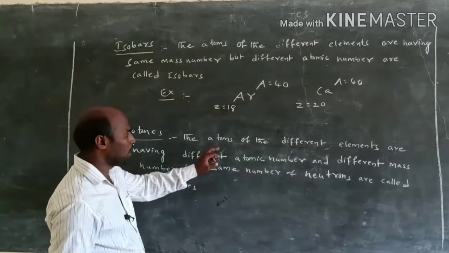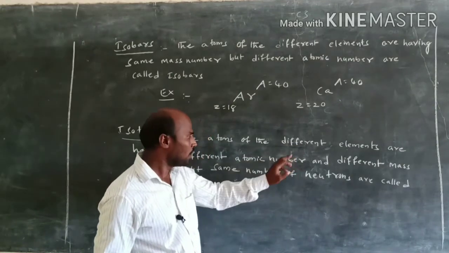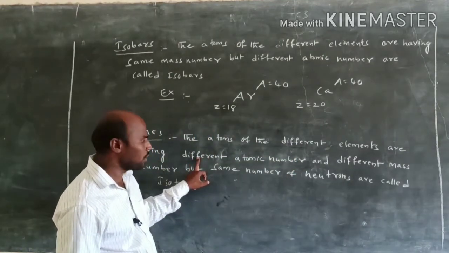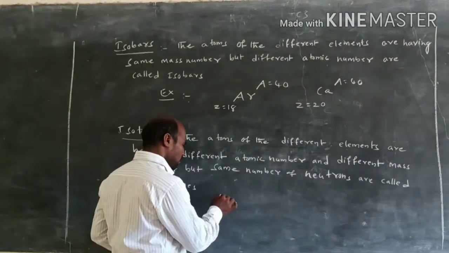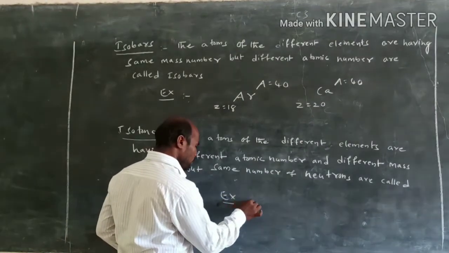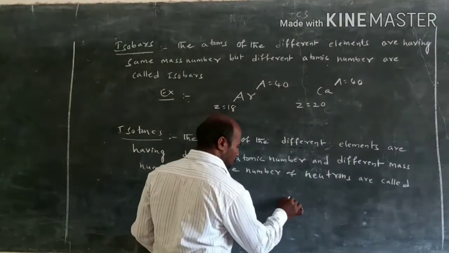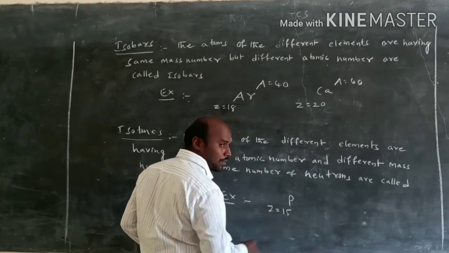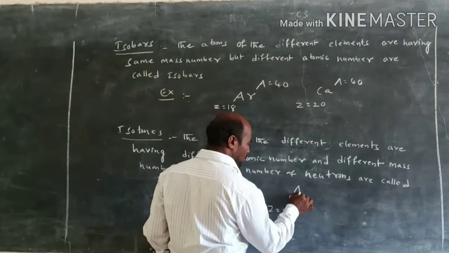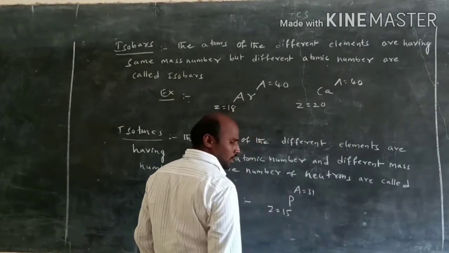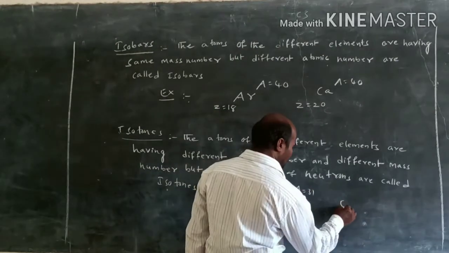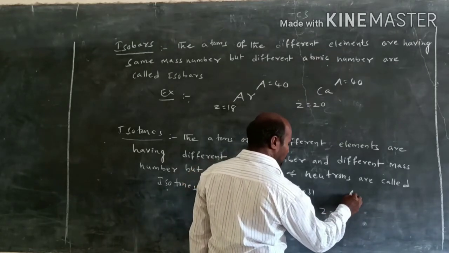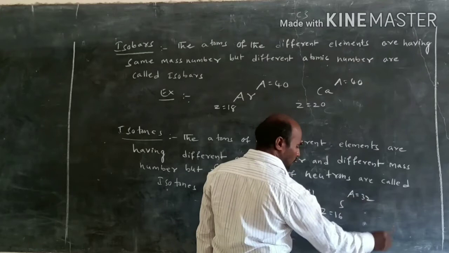Here the atoms of different elements are having different atomic number and different mass number. Here both are same. Now we can take one example. Phosphorus, atomic number Z is equal to 15, mass number A is equal to 31, and sulfur, atomic number Z is equal to 16, mass number A is equal to 32.